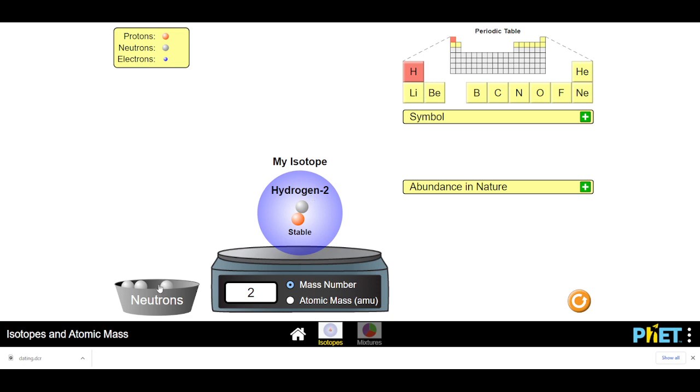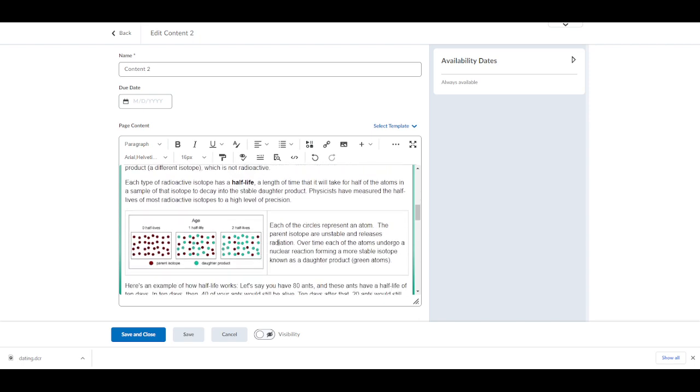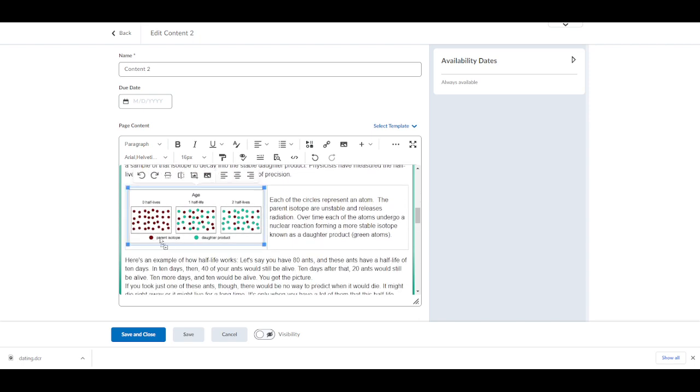Okay, so then I'm going to add another neutron, and look what happens. It becomes unstable. They animate this well. They show it vibrating, because this is what they talked about in our content section, where we described the parent isotope, and then it's unstable.